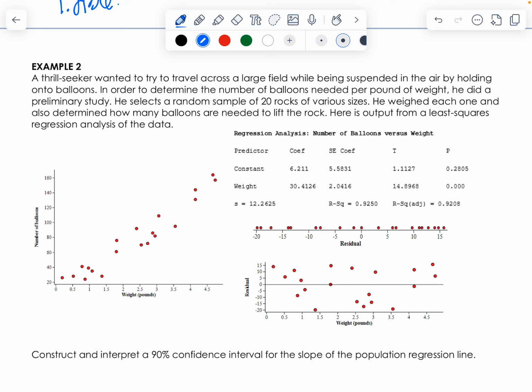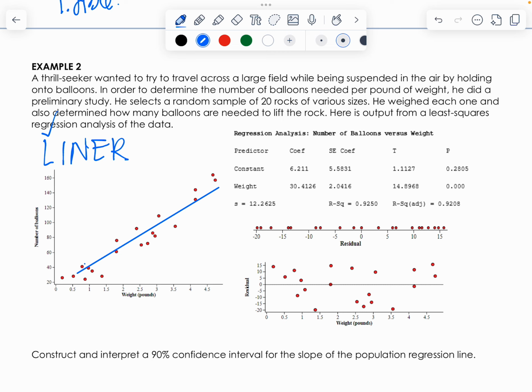Okay, now I just want to review the conditions that we talked about yesterday because they're important to discuss. So L, remember it was LINER. L says that your data must form a linear pattern. Here we have a scatter plot, seems to form a linear pattern, so L is good.